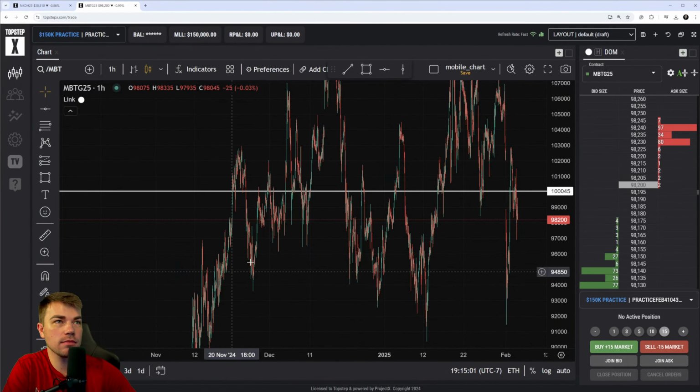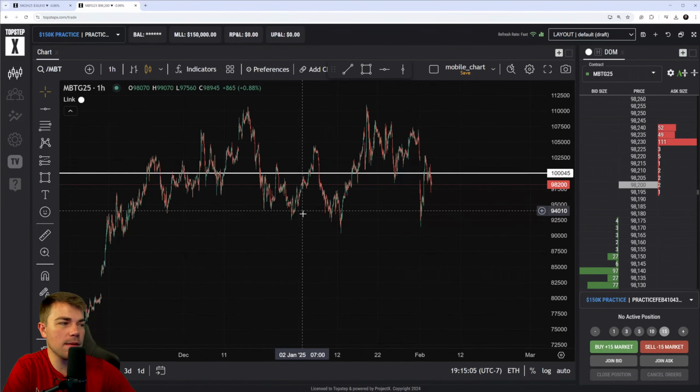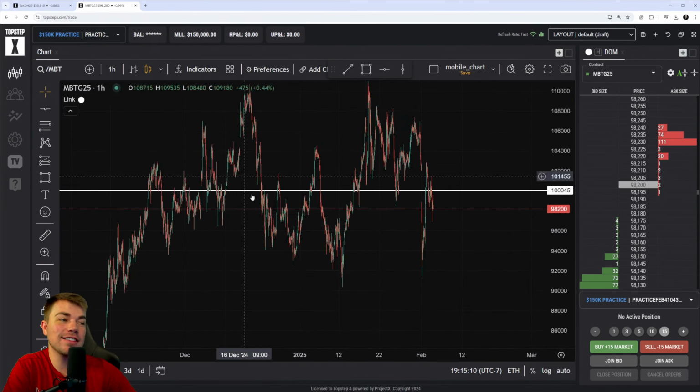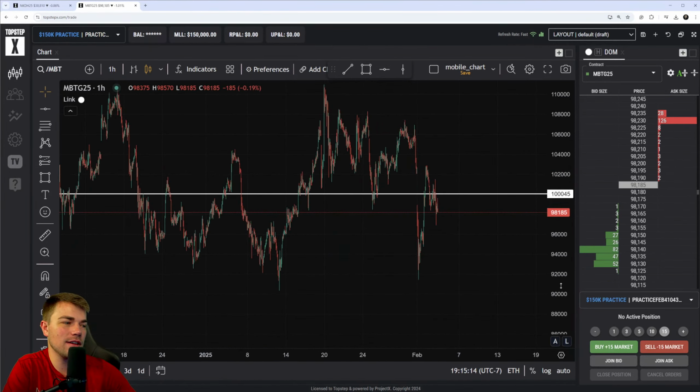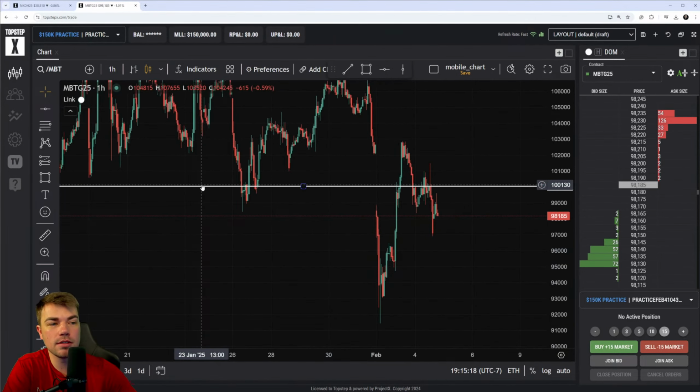That's consolidating. We've had one heck of a rally in Bitcoin, but who knows? Gold's going straight up and Bitcoin's going sideways. Does that mean anything? I don't know.